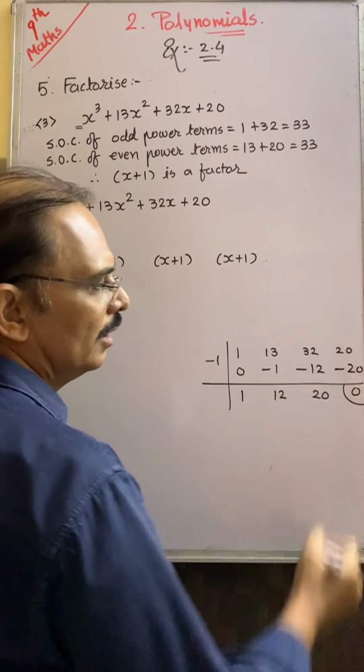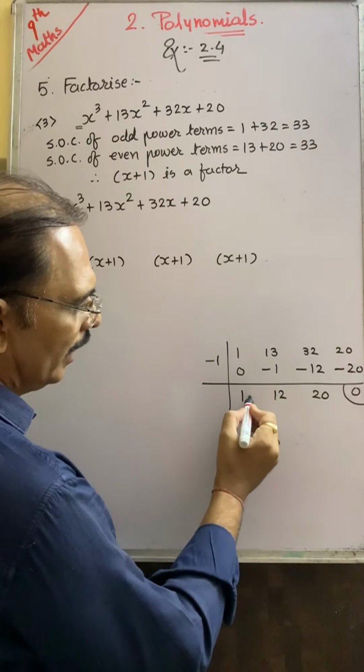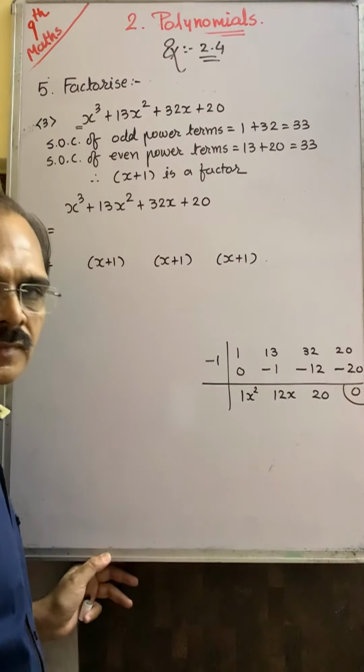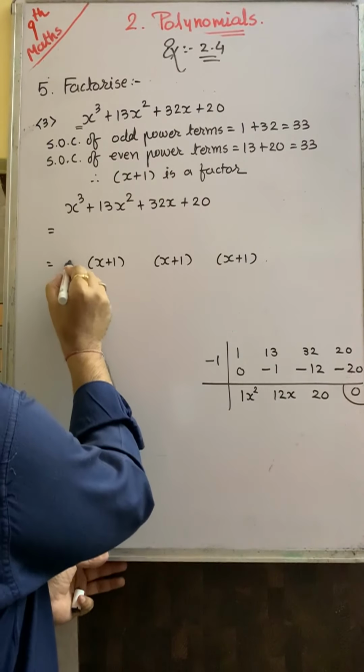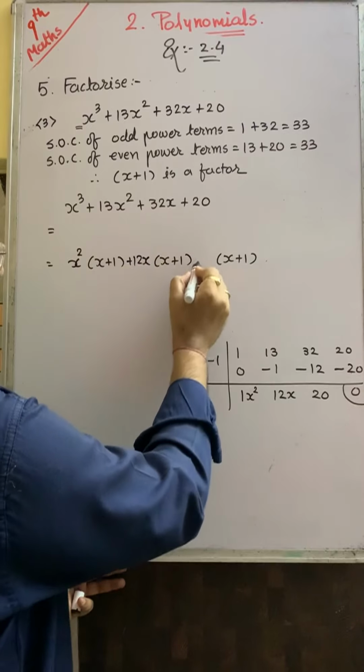This is your remainder. The highest power is 3. So write one less power. 1x square, 12x and constant. Write this here. x square plus 12x plus 20.